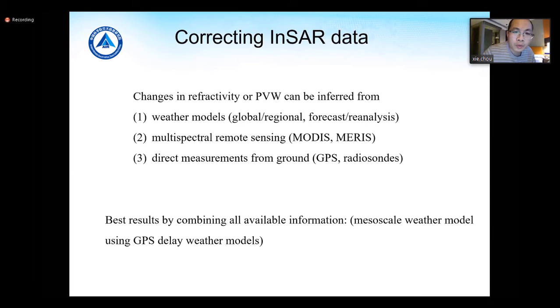So, if we want to correct the atmospheric screen phase, the change of refractivity can be inferred from the weather model, global or regional.